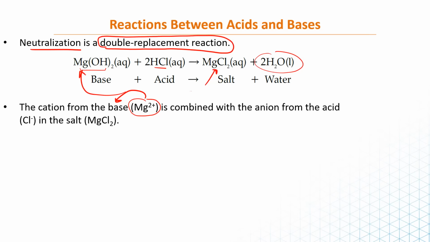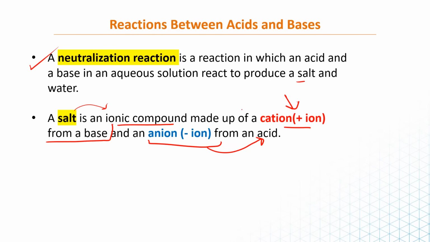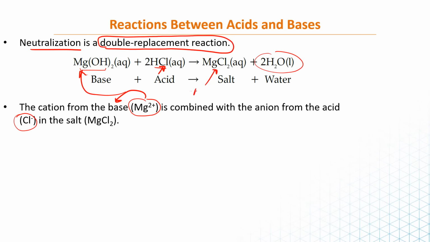From the base, right? And the Cl- is coming from the acid. This is what I told you here: the positive ion comes from the base and the negative ion comes from the acid. So this is Mg2+ and Cl-.